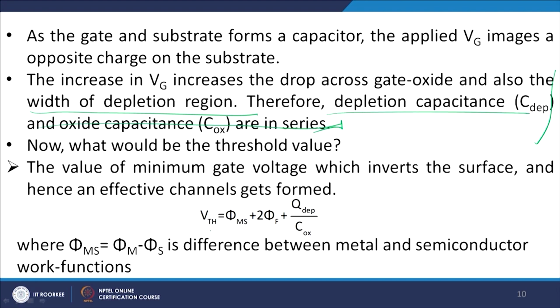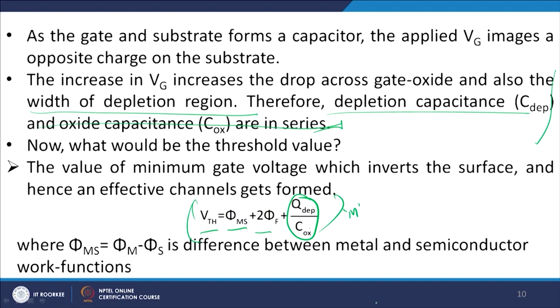So we define threshold voltage as Vth equals phi ms plus 2 phi f plus q depletion by Cox, where phi ms is the metal semiconductor work function, phi f is the Fermi potential, and q depletion upon C oxide is basically the charge by capacitance, which is basically the potential which is available to me.